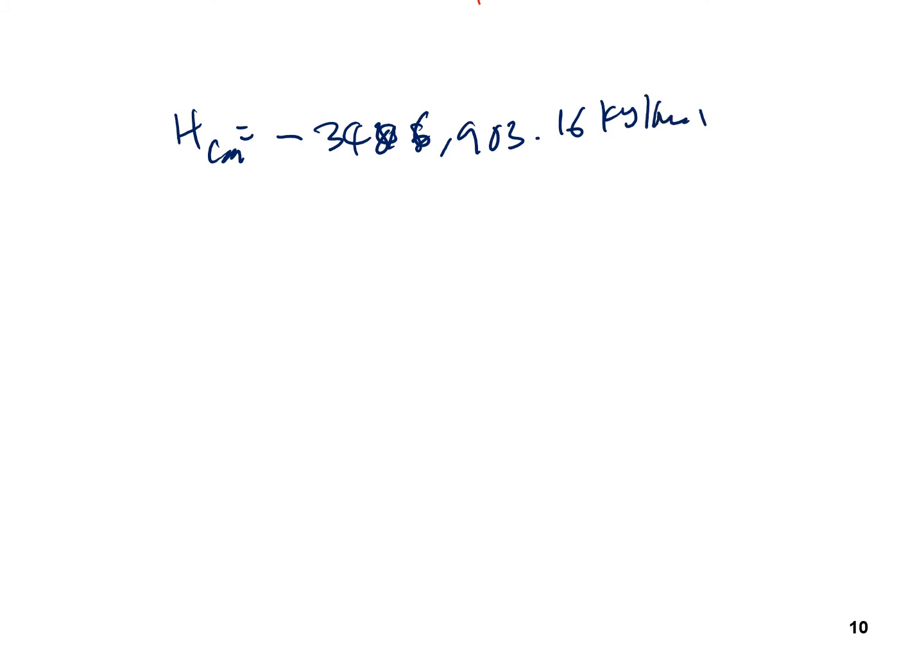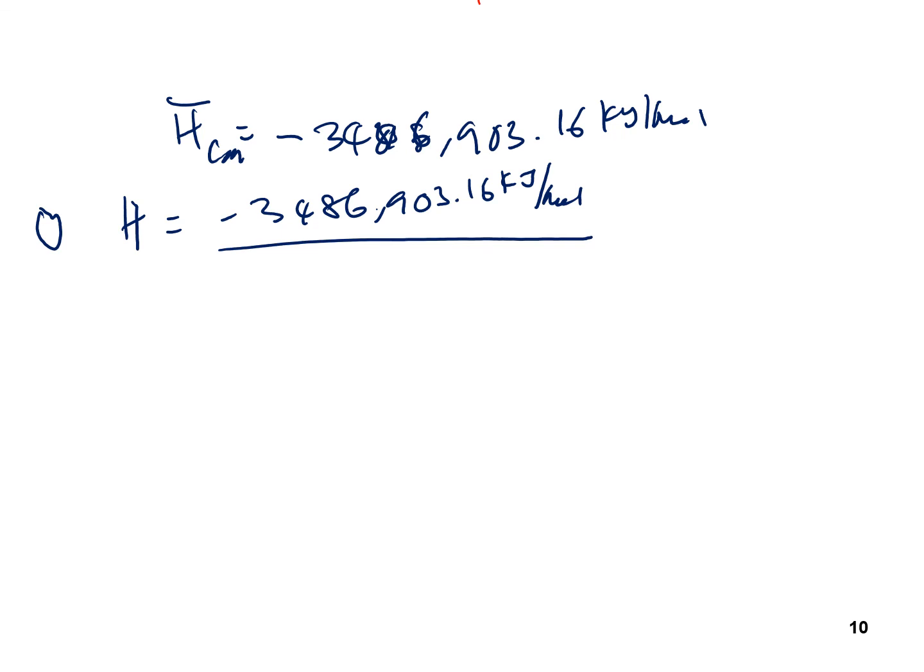Okay, so nilai Q, that's dalam bentuk itulah. So H equal to negatif 3486 903.16 kilojoule per kilomol bahagi dengan mass number dia berapa? 114 kilogram per kilomol. Sama dengan berapa tu?